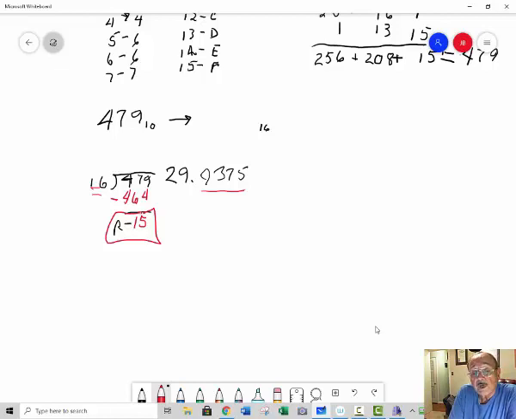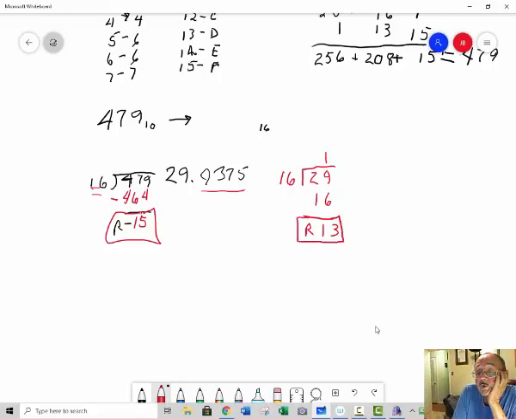Okay, that's all you have to do, get that remainder. So I want one remainder there. Okay, the next step is to take 29 and divide it by 16. And once again, the only thing that I'm interested in is this remainder right here. Well, it looks like it goes one time. With a remainder of 13.